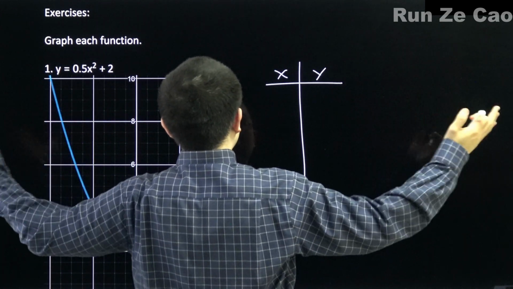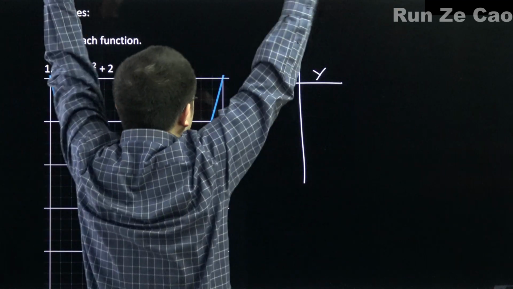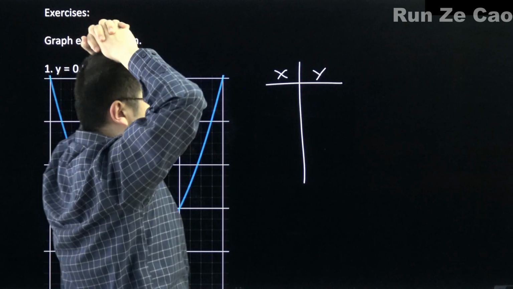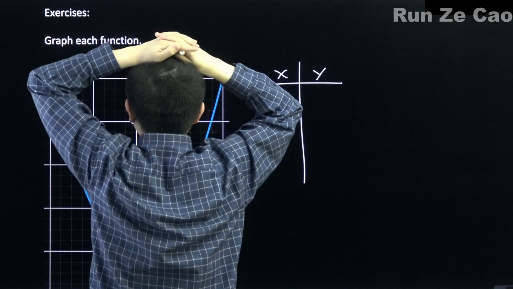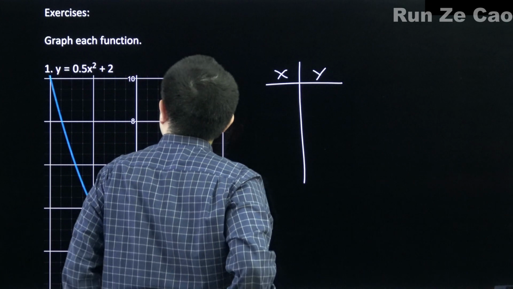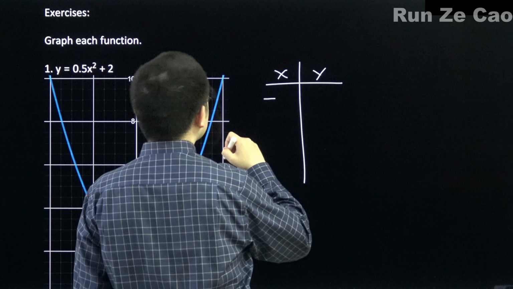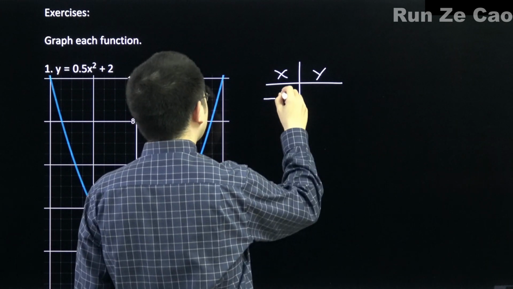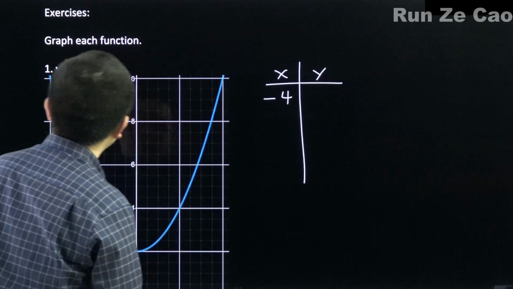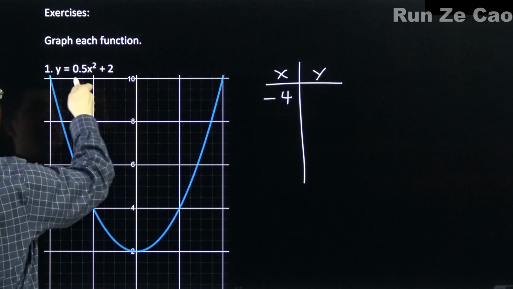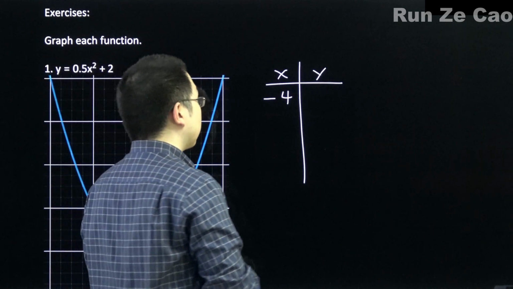So the horizontal, you're going to have a reasonable amount of space before you start going up to really big numbers, which means that you can go with, say, -4, probably. Yeah, -4 looks pretty reasonable, because plus minus 4 you're going to have 0.5 times 16, so that's 8, plus 2, oh, that's 10. Okay, perfectly reasonable.